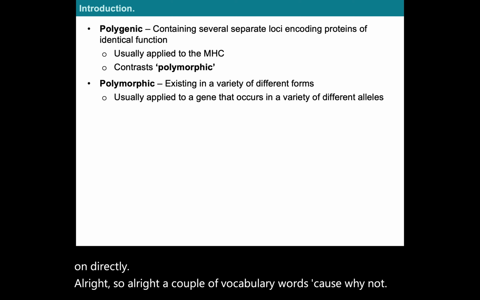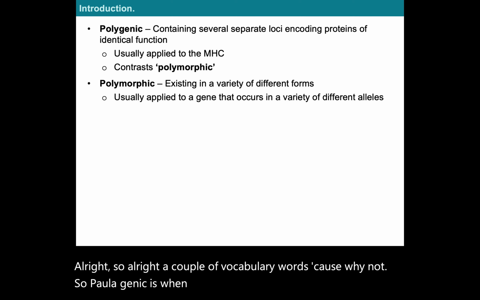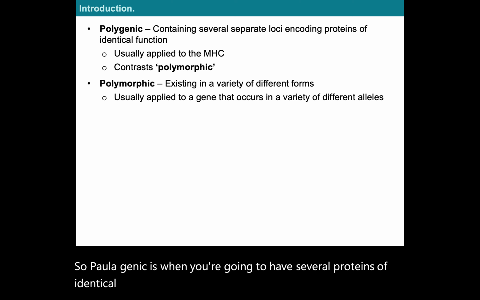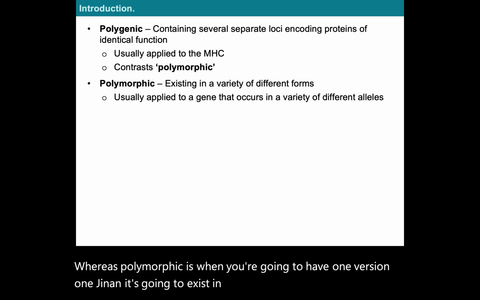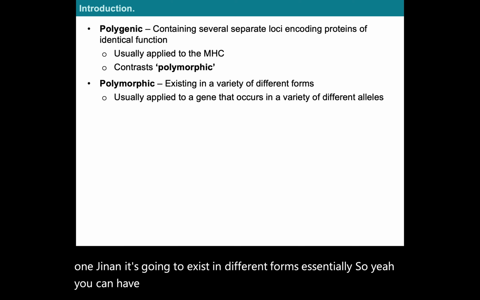So, polygenic is when you're going to have several proteins of identical function. Whereas polymorphic is when you're going to have one gene and it's going to exist in different forms, essentially. So you can have lots of different versions of the same thing.